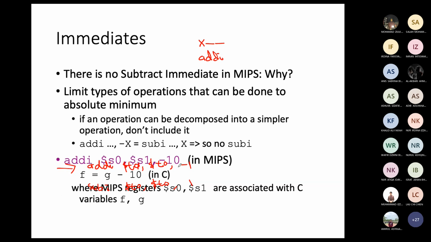So ADDI $s0, $s1, -10, negative 10. This means in C, f = g - 10, where MIPS registers $s0 and $s1 are associated with the C variables f and g.